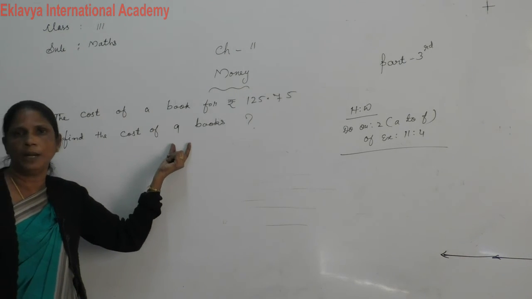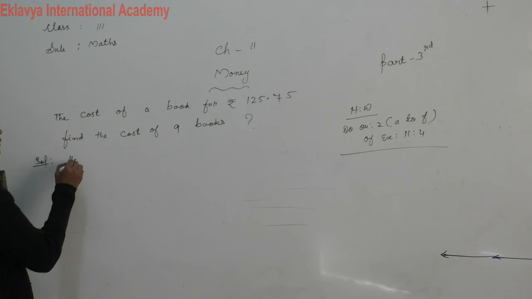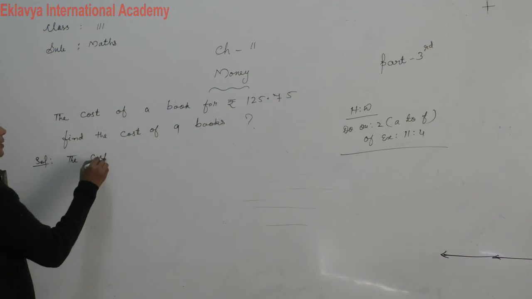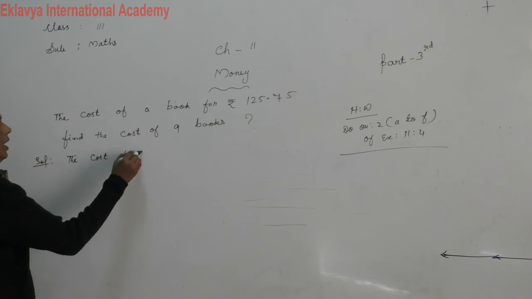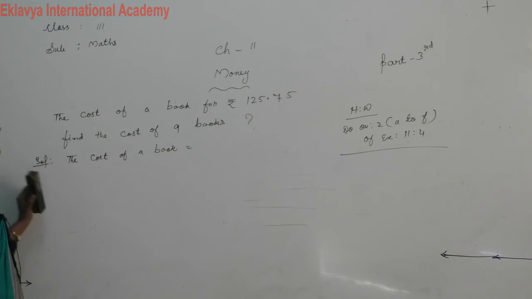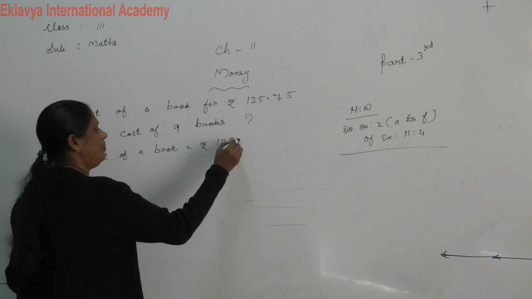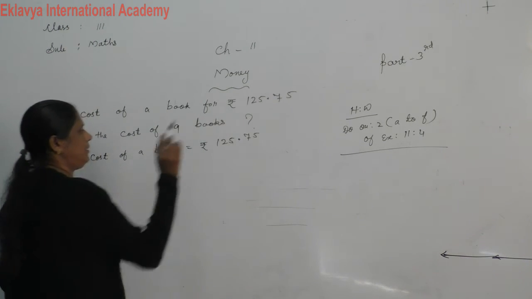This is multiplication. First we write the cost of a book is equal to rupees 125 and 75 paise.